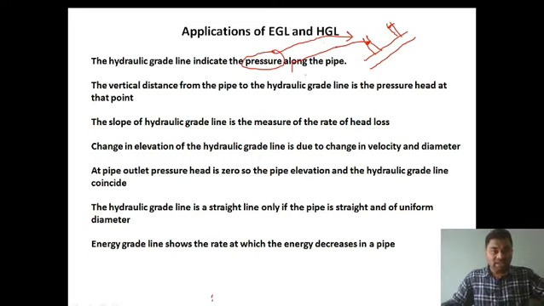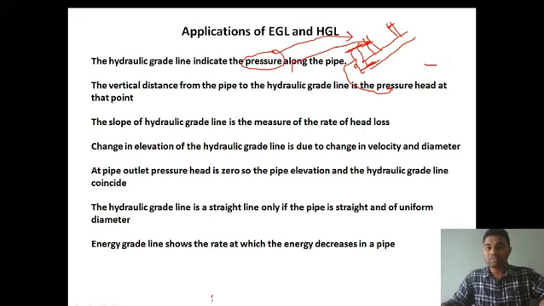The vertical distance from the pipe to the hydraulic grade line is the pressure head at that point. Let this be the axis of the pipe. From the axis to this pressure point, this distance is known as the pressure head.